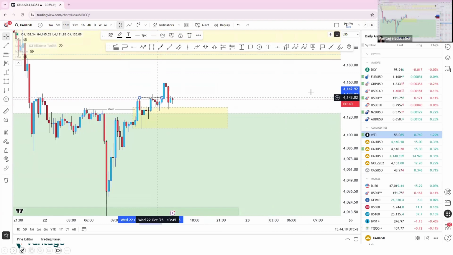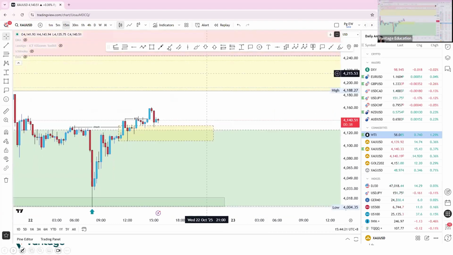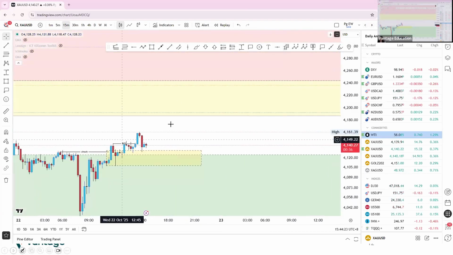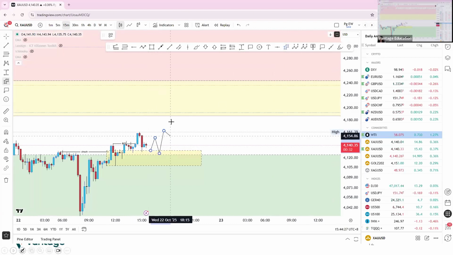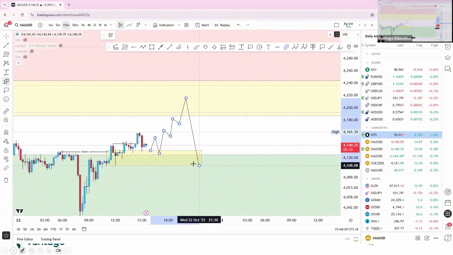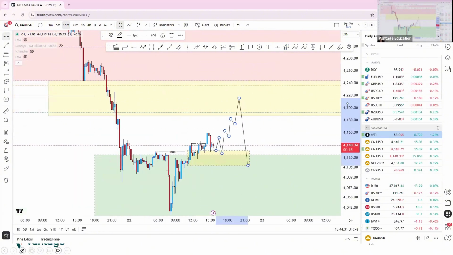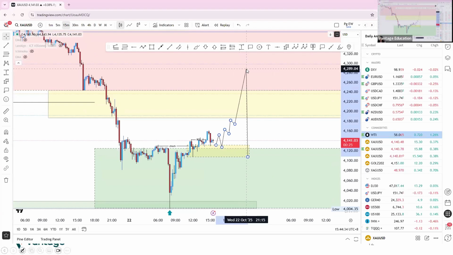For the M15, to go where? To go slowly bullish, maybe here, and then falling. Or maybe it goes there.